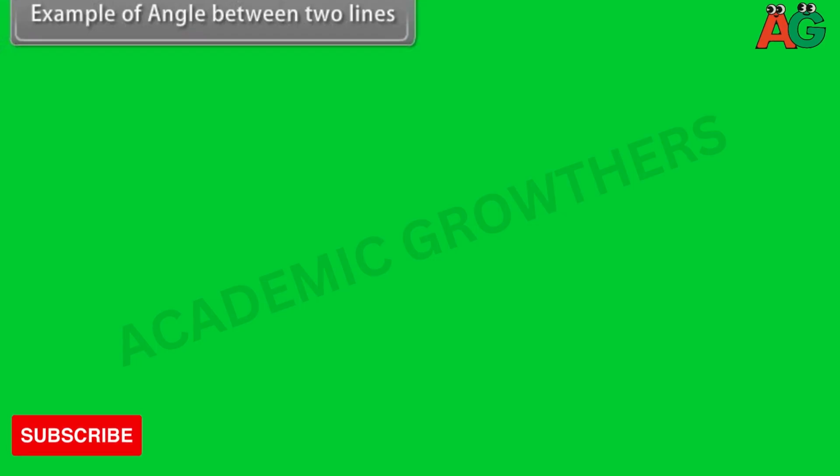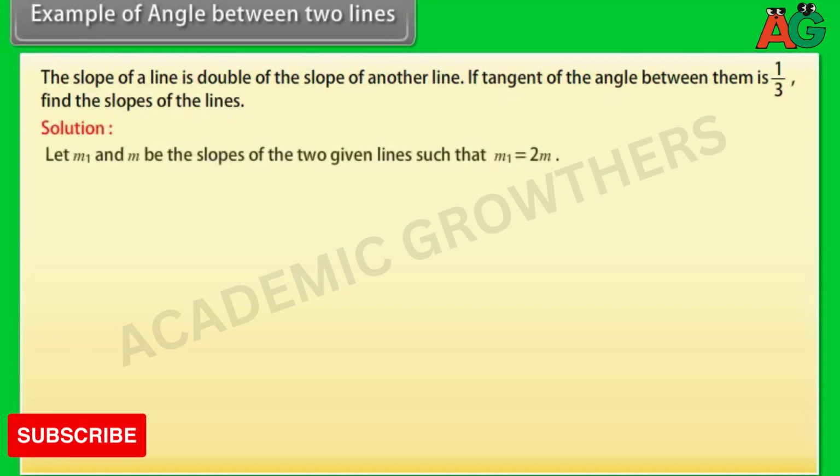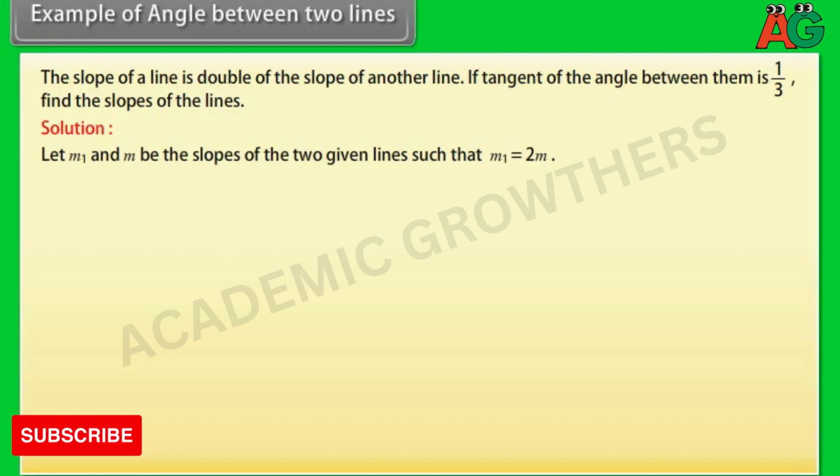Example of angle between two lines. The slope of a line is double the slope of another line. If tangent of the angle between them is 1 by 3, find the slopes of the lines. Solution. Let m1 and m be the slopes of the two given lines such that m1 is equal to 2m.